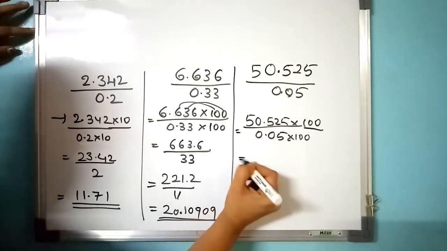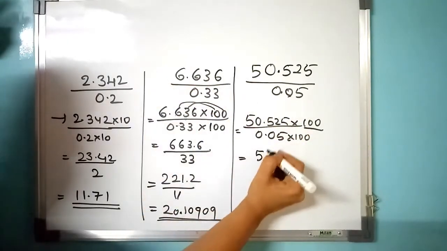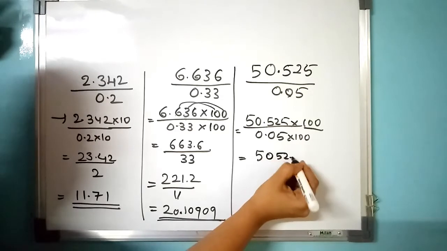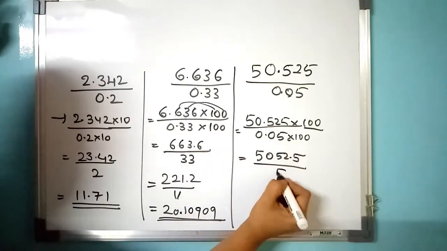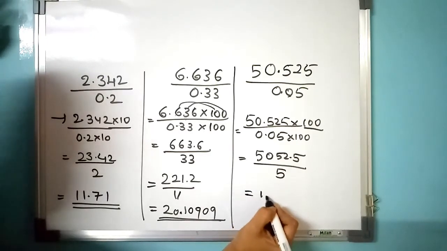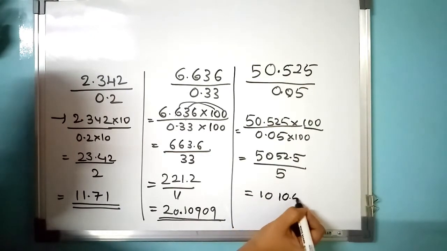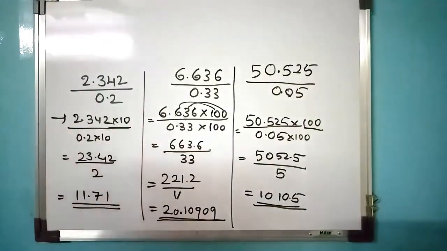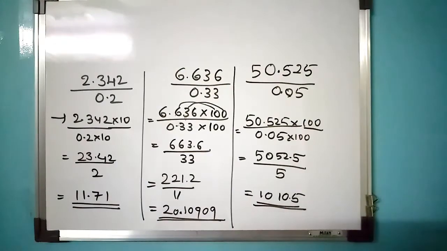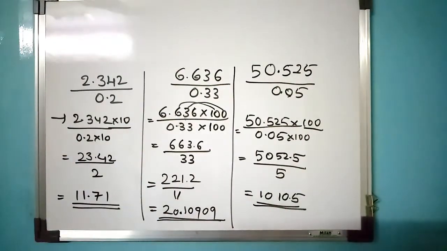The decimal shifts 2 places to the right, so 5052.5 upon 5. Now 5 ones are 5, 5 zeros are 0, 5 ones are 5, 5 zeros are 0, and 5 fives are 25. The answer is 1010.5. So in that way you can complete the answer.